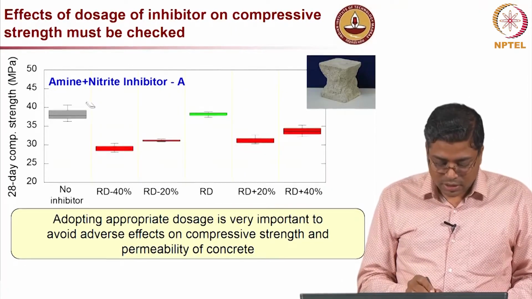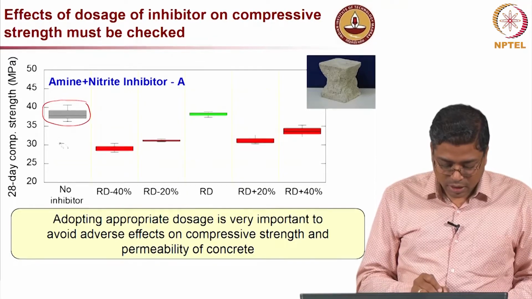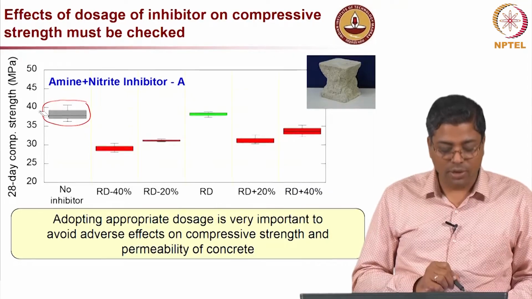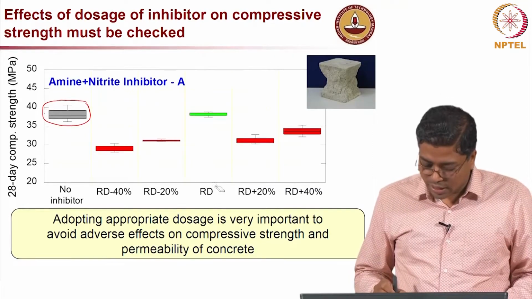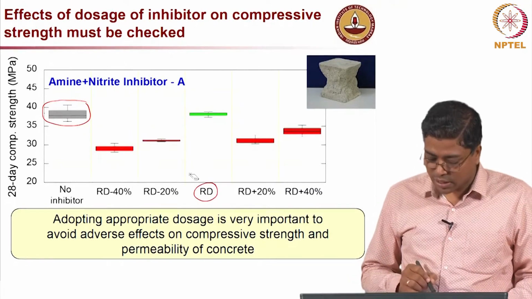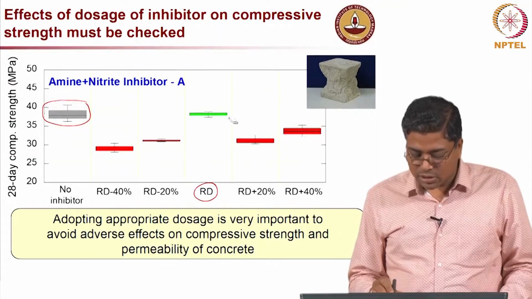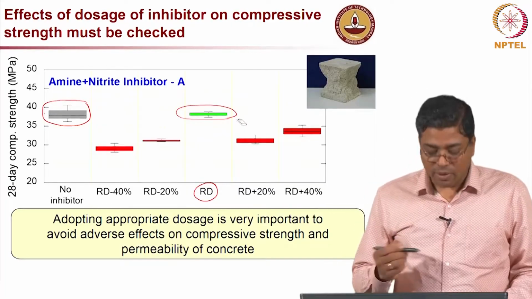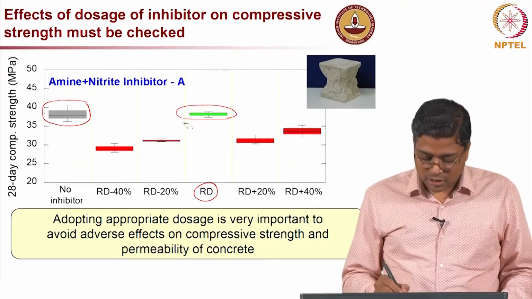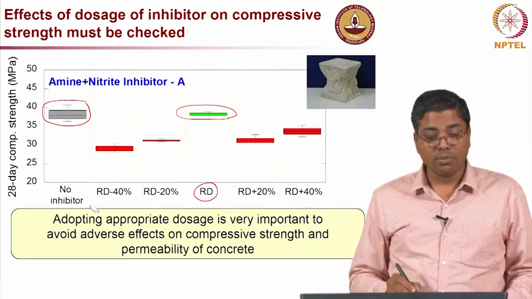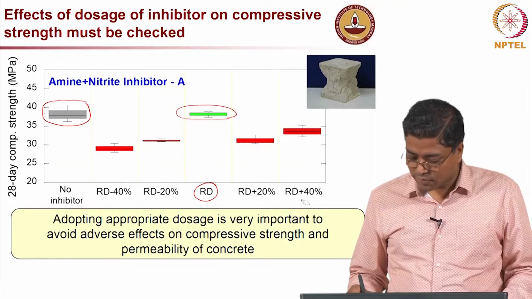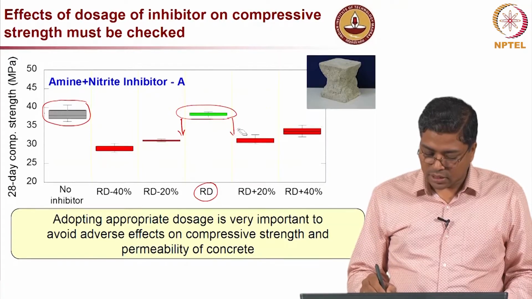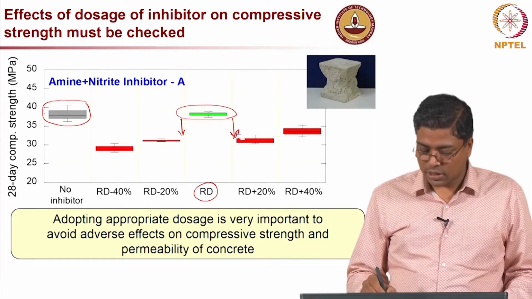You can see here, when no inhibitors are used, you have about 40 MPa compressive strength. With the recommended dosage, RD stands for recommended dosage, we got similar compressive strength. When we deviated from the recommended dosage by about -20, -40 and +20, +40, it is very clear that there is a reduction in the compressive strength.